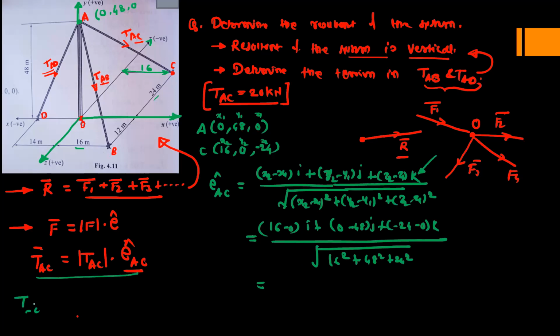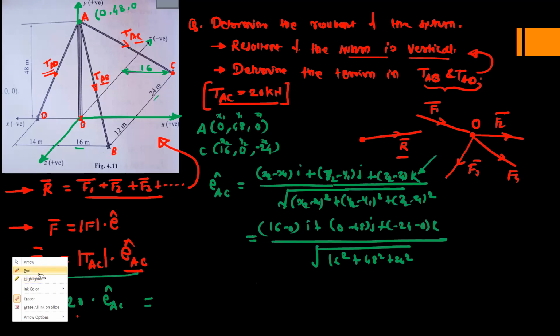So tension AC bar is equal to the magnitude 20 into this complete unit vector, which is e_AC.